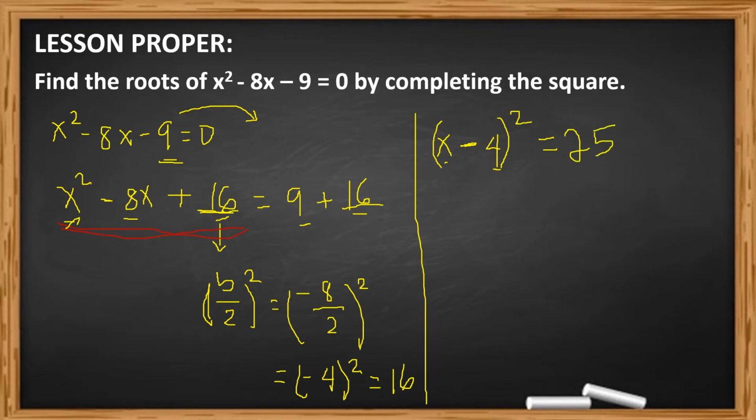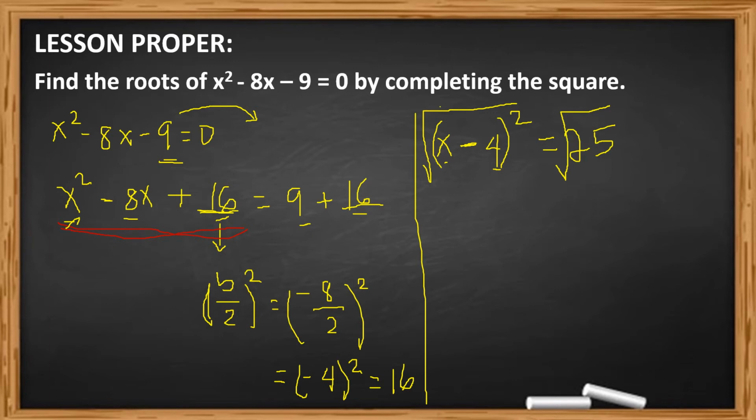And after transforming each term into a perfect square, we are now ready to extract the square root of both sides by applying the square root property. So this is the goal of transforming our equation into perfect square trinomial, para maka-extract tayo ng square root sa both sides or para magamit natin yung square root property.